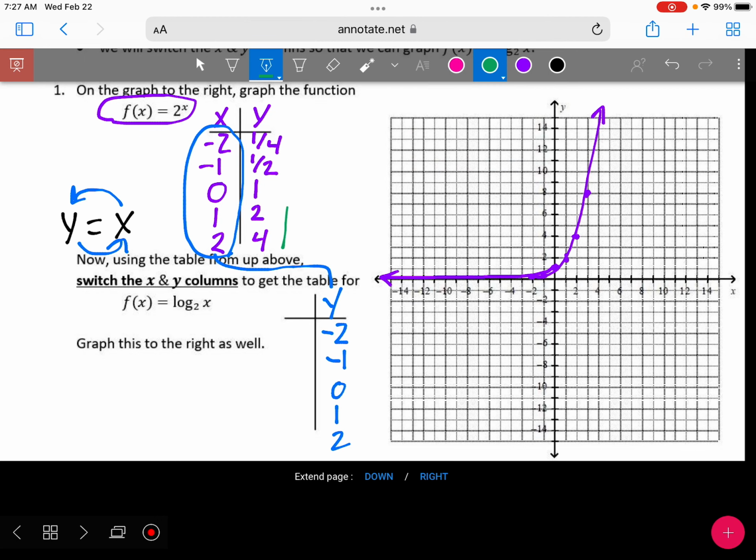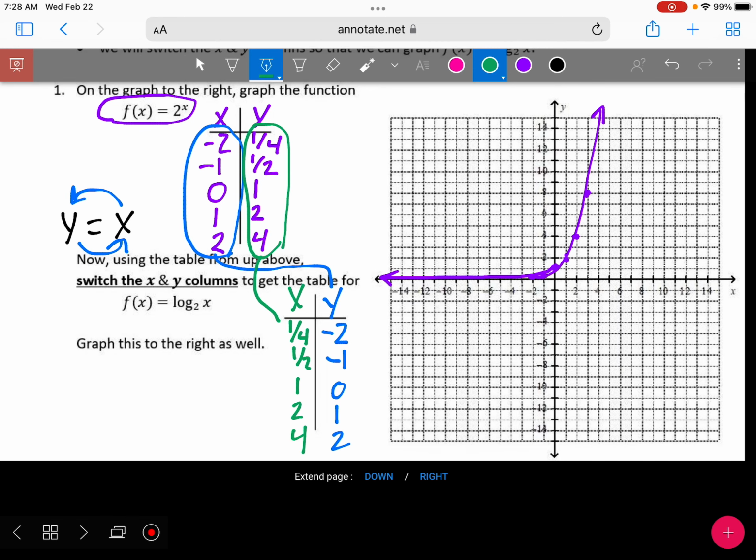We're going to take what was the y column, and it's going to become my x's. 1/4, 1/2, 1, 2, 4. So we don't have to do any actual calculations on logs. We're going to take what we know about exponentials, pick up the columns, and change their places. That's all we do with that. And that is the table for a logarithm.